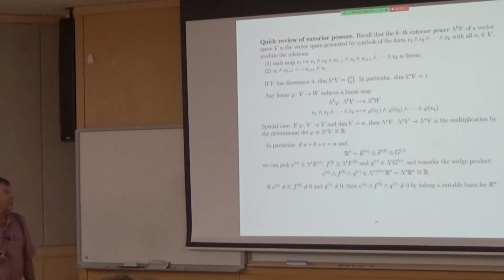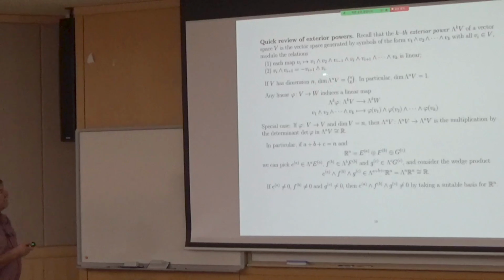It's a symbol where these Vi's are vectors in V, and then you impose the relations that if you fix all coordinates except for one, Vi, the map which to Vi associates this wedge product is linear. So it's linear in each of the vectors. And then it's antisymmetric. Namely, if you switch two, you multiply by minus 1.